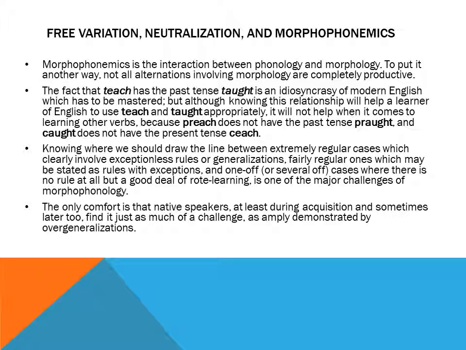The only comfort is that native speakers, at least during acquisition and sometimes later too, find it just as much of a challenge, as amply demonstrated by overgeneralization. For example, the past tense swang from swing follows the same pattern as swim and swam, or the past tense thret from thread follows the same pattern as meet and met.